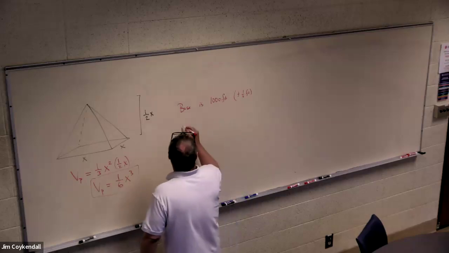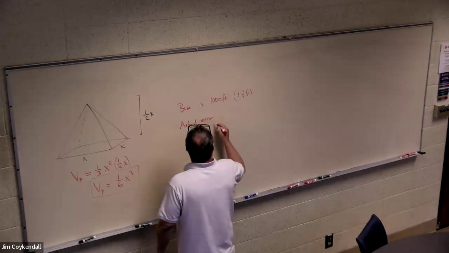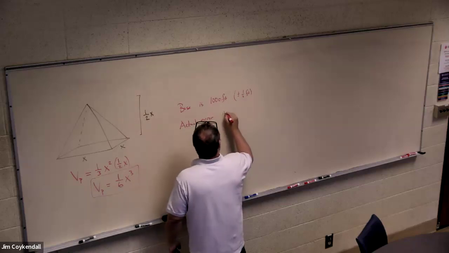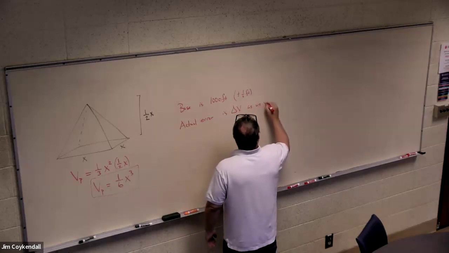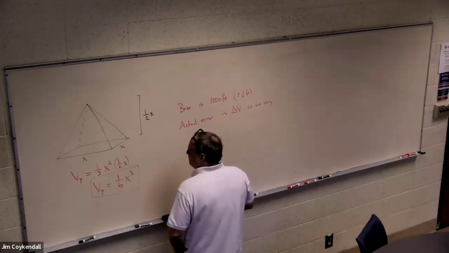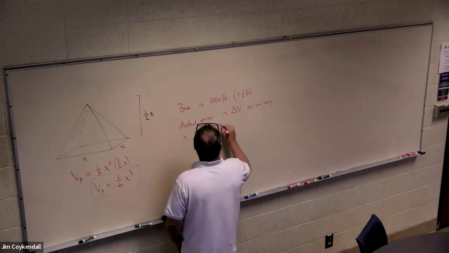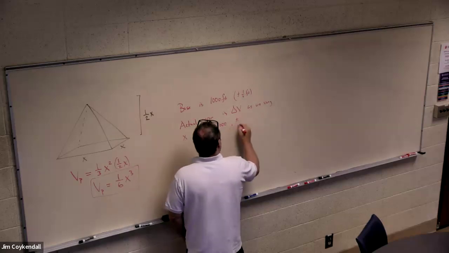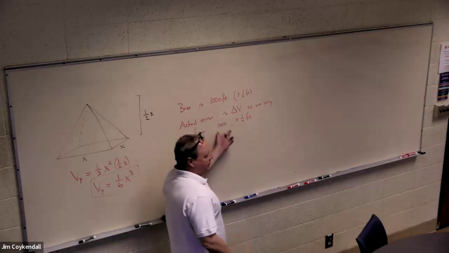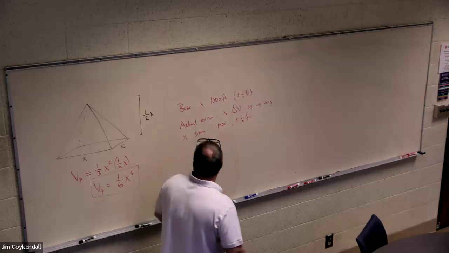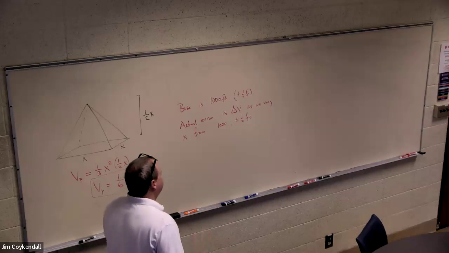So the actual error is the change in volume as we vary X from 1,000 feet plus or minus a half. 1,000 feet is where I'm going to compute this, but it could be as much as 1,000.5 feet or 999.5 feet.